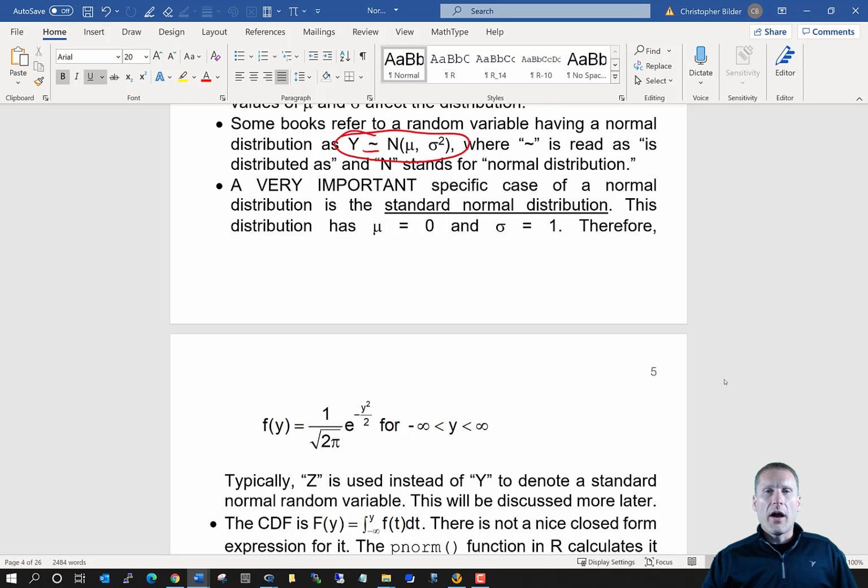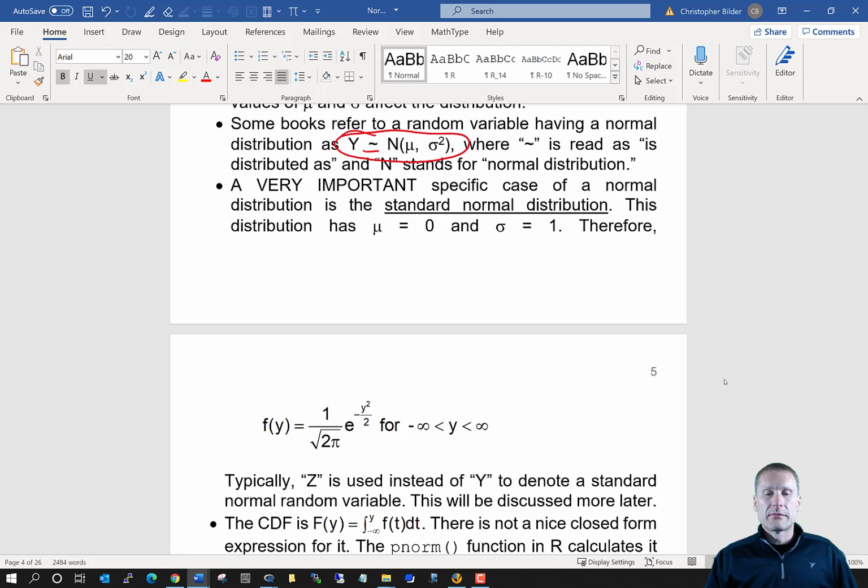So y is distributed as, the capital N corresponds to normal. People would read this as y is distributed as a normal random variable with mean mu, variance sigma squared. In other words, y can be characterized by a normal probability distribution where y has a mean of mu and a variance of sigma squared, whatever numerical value you're putting in there for that.